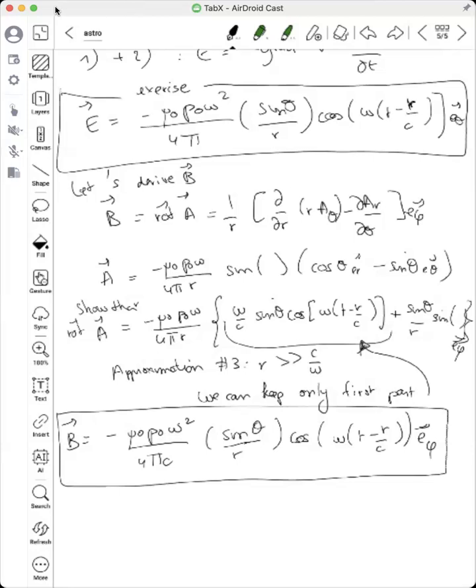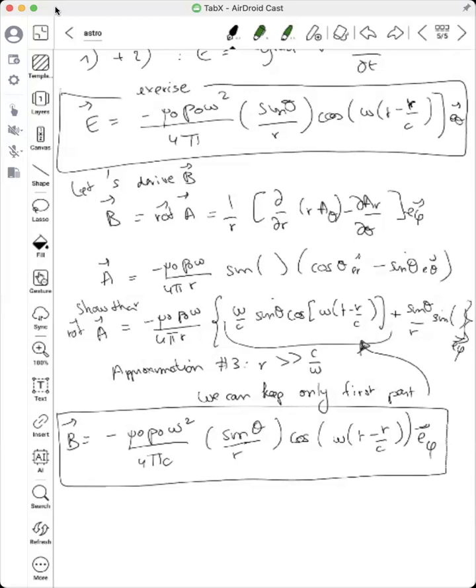Omega is the pulsation of the dipole, right? And if you look, do you see these two expressions, E and B? I want you to look at them straight in the eyes. We see that here, E and B are pulsating too, with a pulsation omega.